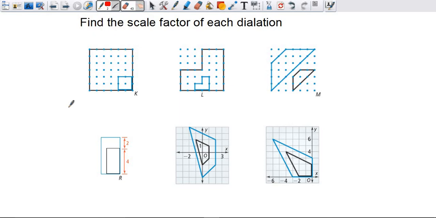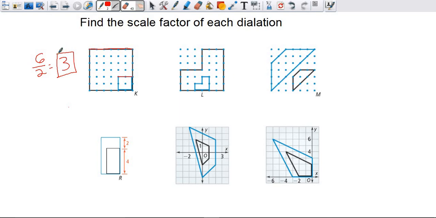For this one, let's use this top part. We see that's 1 and 2, total 2 spaces for the blue. Then we look at the corresponding piece. They go 1, 2, 3, 4, 5, and 6. So we take 6, divide it by 2, and we get 3. So the scale factor is 3, or 3 over 1, which means they multiply every side by 3.